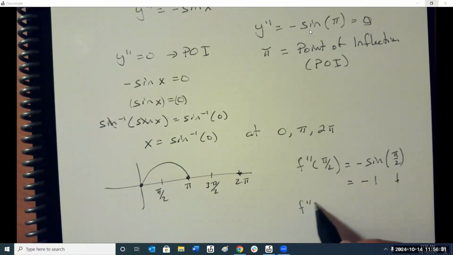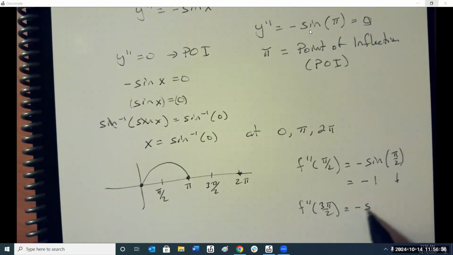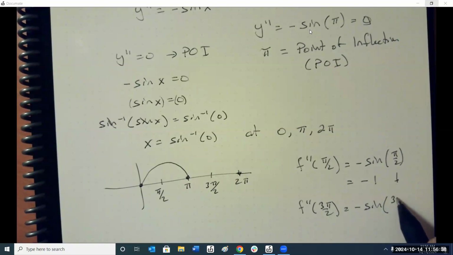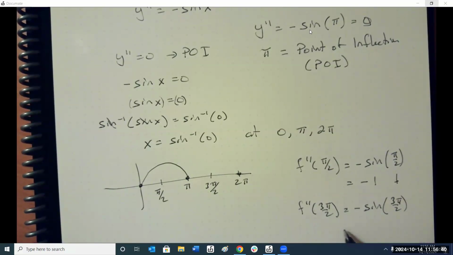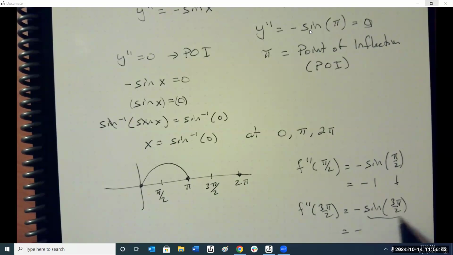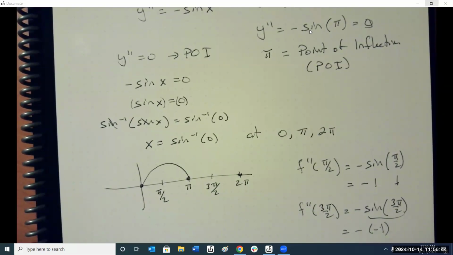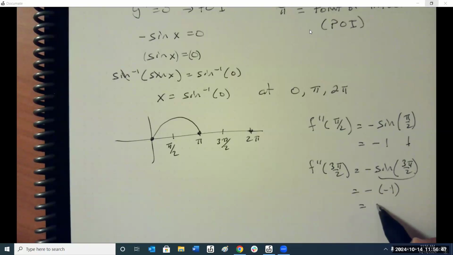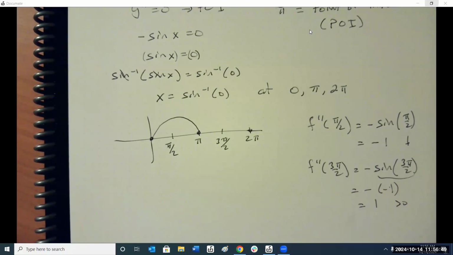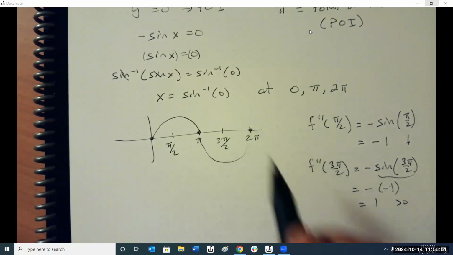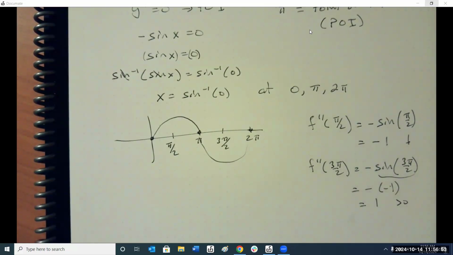And then the second derivative at 3 pi over 2, negative sine of 3 pi over 2. Sine of 3 pi over 2 is negative 1, so negative becomes a positive 1. So it's greater than 0, so it's concave up. That's what the graph looks like.